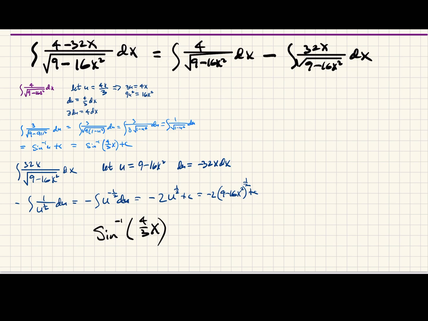I've got a minus here and a minus here. So it's going to be minus a negative, right? So the result is going to be plus 2, and I could write this as a square root if I want. Plus 2 times the square root of 9 minus 16x squared plus c.